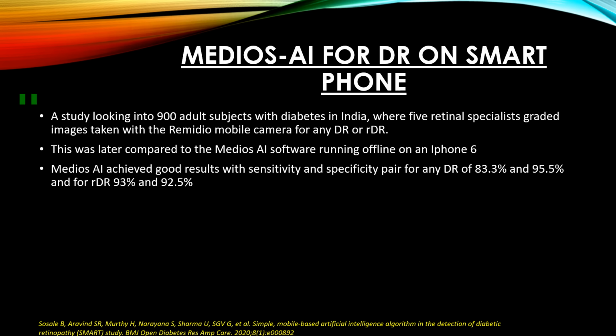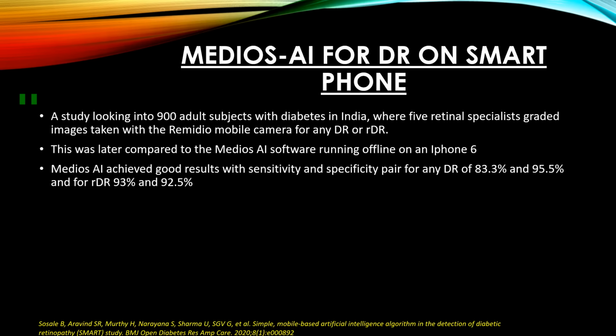Here, as I discussed, is the indigenous software Medios AI for DR on smartphone. The study looked into 900 adult subjects with diabetes in India, where 5 retinal specialists graded images taken with the Remidio mobile camera for any DR or referable DR. This was later compared to the Medios AI software running offline on an iPhone 6.